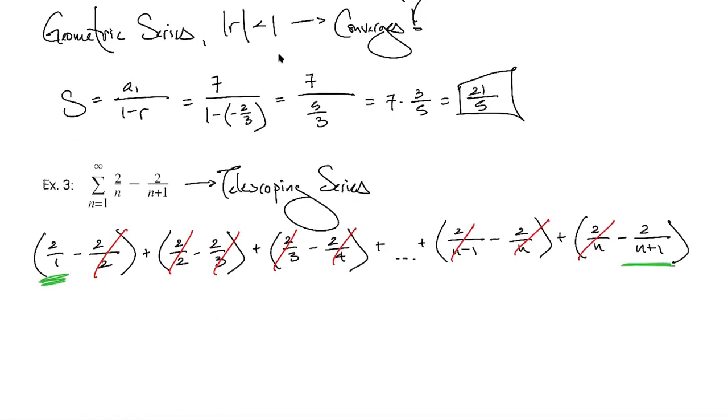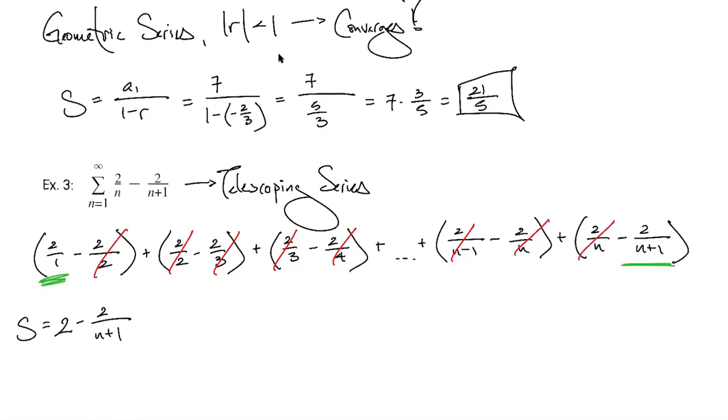But what James said, in case you didn't catch this, is that 2 minus 2 over n plus 1 is the infinite sum, okay? So that, in that way, it's a little bit different than some of the other ones where we just have our a sub n. In the telescoping series, we're actually able to find a formula for the sum, kind of like the geometric one.